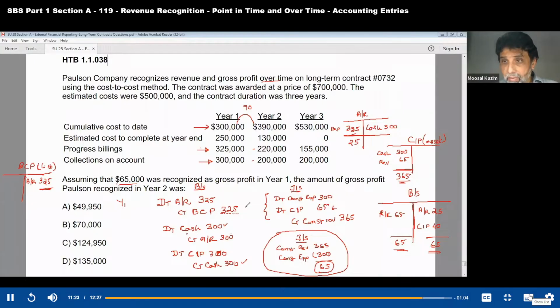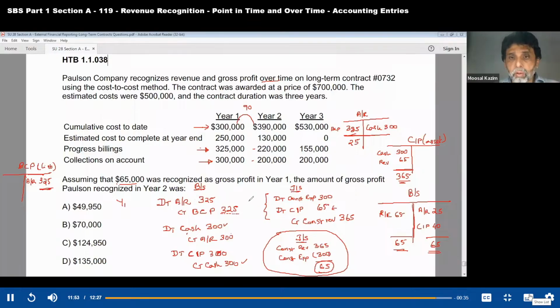And in the end of the project, you would close the BCP account to revenue, that is debiting BCP, the contract liability, crediting revenue, and crediting the asset account, CIP account, and debiting construction expense, and you would have the profit at the end. That's how you would do it for point in time. For overtime, this is how it is done.